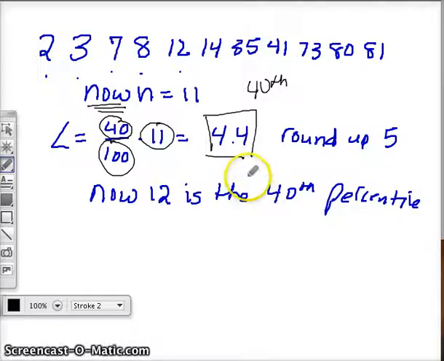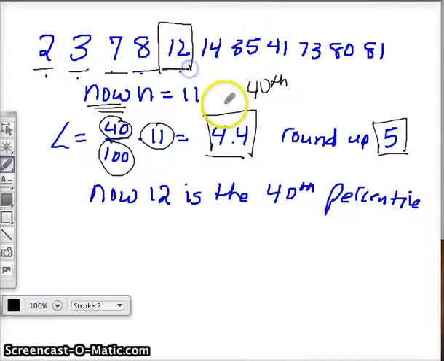Whenever I get a decimal number in this procedure, I just round up. Always round up to the next number. So what is that number? 5. That means if I want to locate the 40th percentile, I count 1, 2, 3, 4, 5. 12 is the 40th percentile of that data. That's how that works.